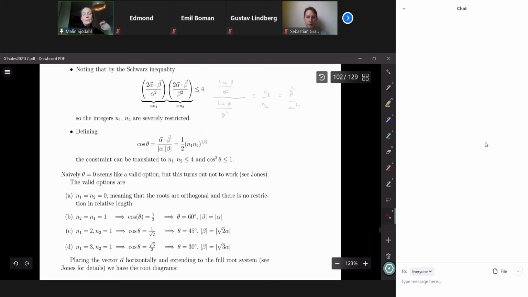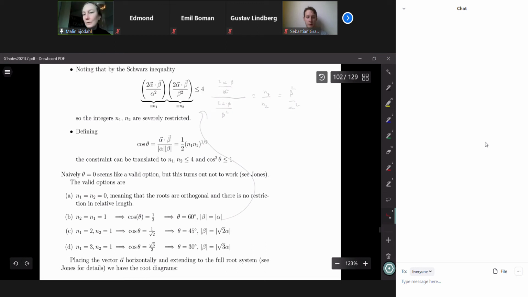We also have a constraint on the length of beta relative to the length of alpha. And to see where that constraint comes from, I go up here and I take n1 divided by n2. So up here I have my n1 that's copy pasted from here, and here I have my n2 from here.